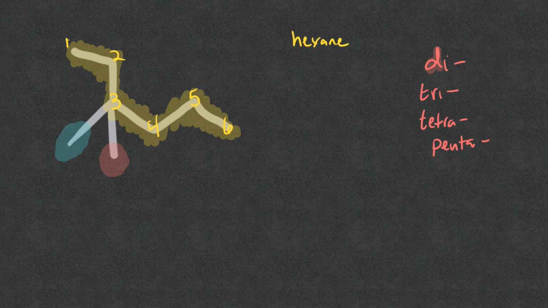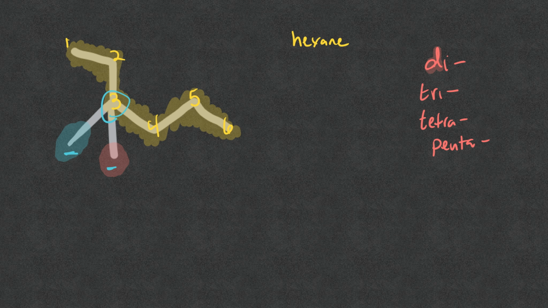So let's talk about this case here. We notice we have a 3 and we've got 2 methyls. What would be the name of this compound? We'll list it each time we find a methyl group.